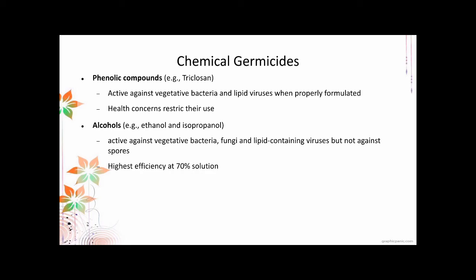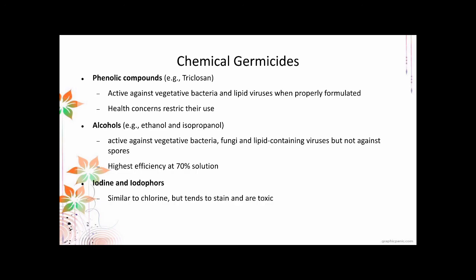The highest efficiency known for ethanol and isopropanol, or ethyl alcohol and isopropyl alcohol, is the 70% solution. A solution greater or lower than 70% is not as effective. That doesn't mean that a higher, say 90%, alcohol solution is more effective than 70%. It's not. 70% is the ideal maximum efficiency.